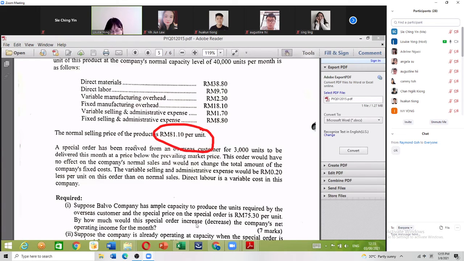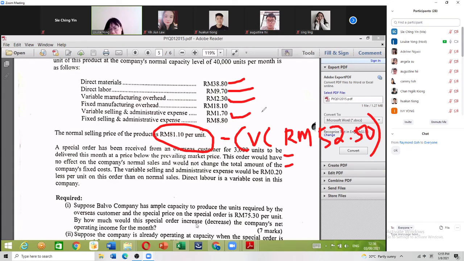You need to calculate your contribution per unit for your current customer. So here there is material, labor, variable manufacturing overhead, and variable selling and admin. Use $81.10 minus your variable cost. Adding up: 38.80 plus 9.70, plus 2.30, plus 1.70, so it is $52.50. Then $81.10 minus $52.50.